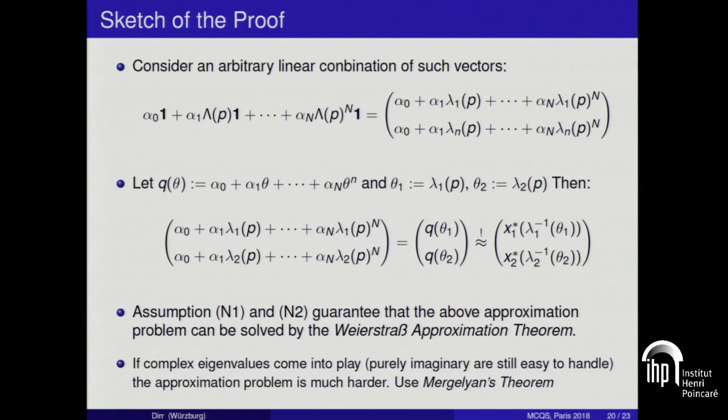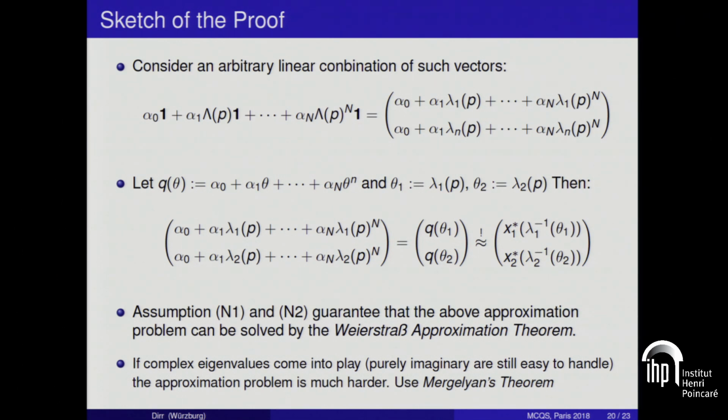Okay, then apply Weierstrass and you are more or less done. One comment on this: if the eigenvalue curves are purely imaginary, you can play more or less the same game. But if the eigenvalue curves are really curves in the complex plane, the approximation problem gets much harder. It was quite hard to find a result.